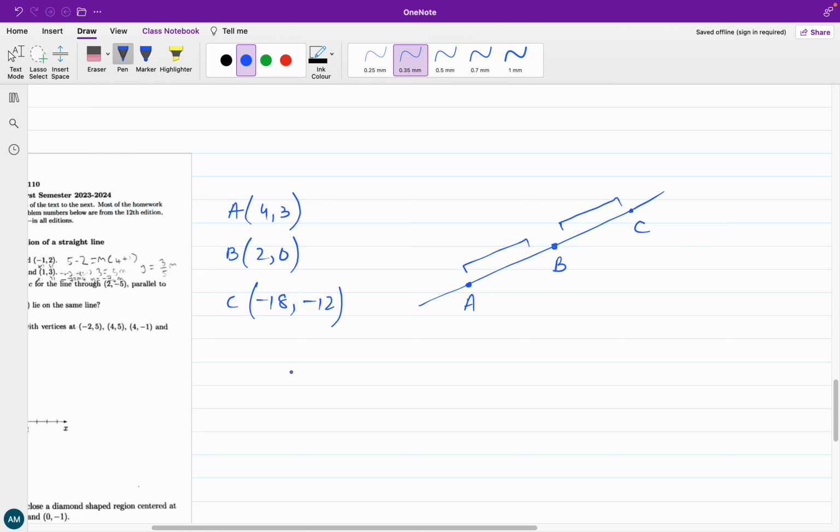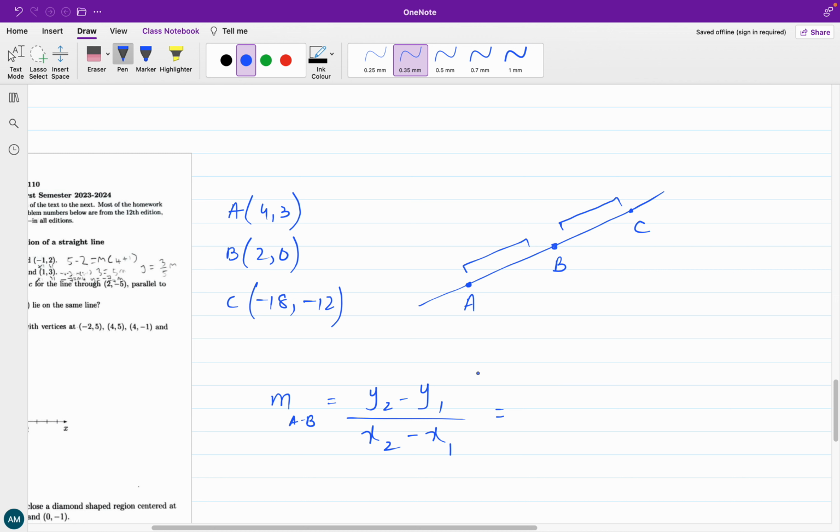So we'll find the gradient from A to B. We know the formula: (y2 − y1) upon (x2 − x1).